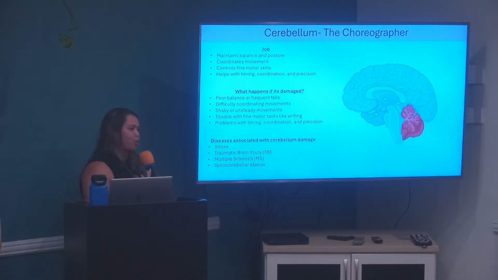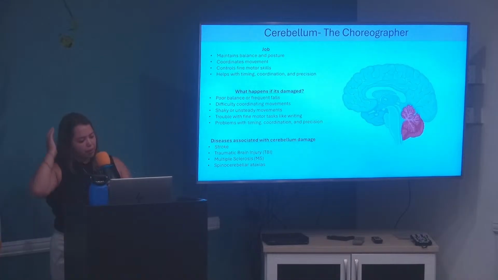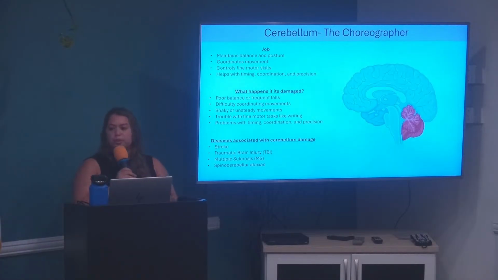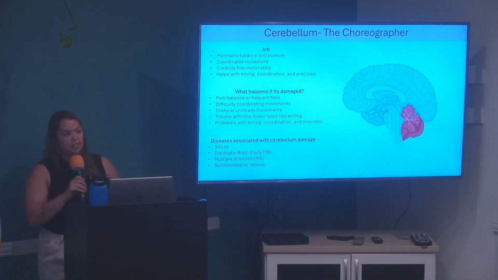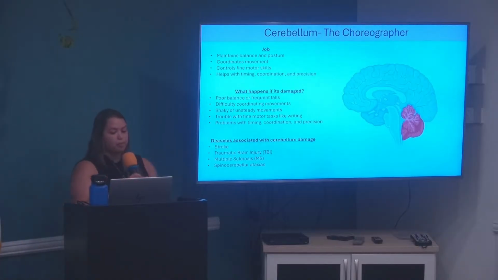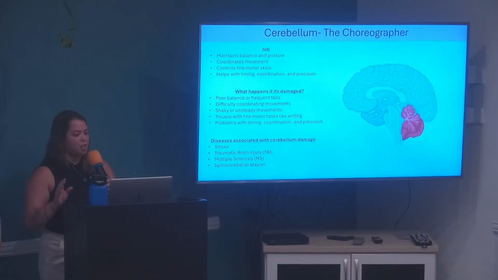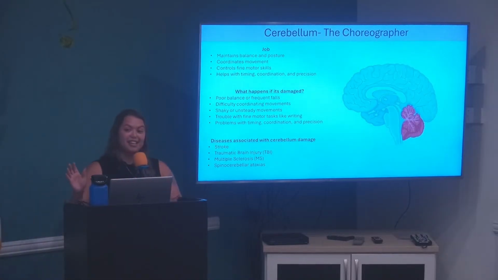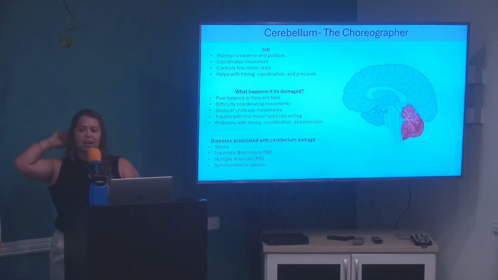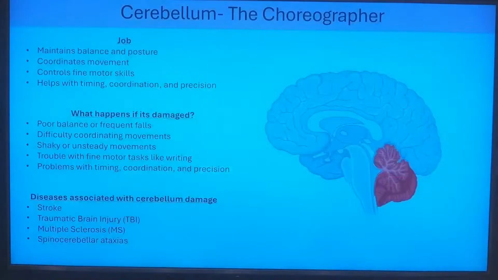So it really depends on where you get that stroke. Traumatic brain injuries, like we were discussing. You have a thing called multiple sclerosis, if you ever heard of MS. That also attacks the cerebellum. And a long-winded one again, the spinocerebellar ataxias. It specifically looks at proteins in the cerebellum itself. Just a long name for us to be confused by, right?